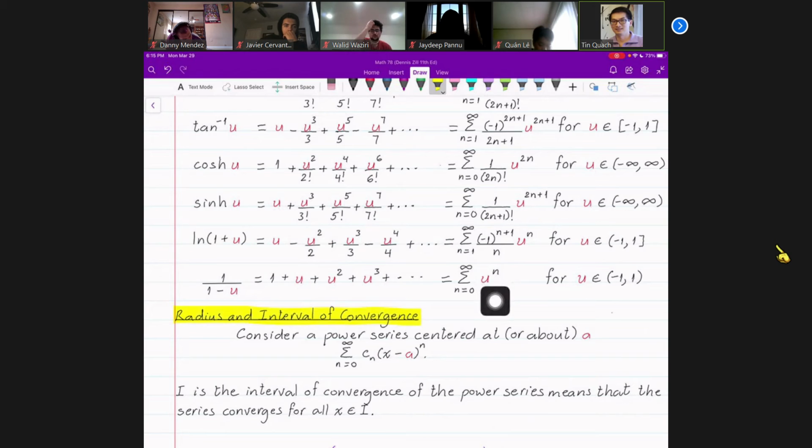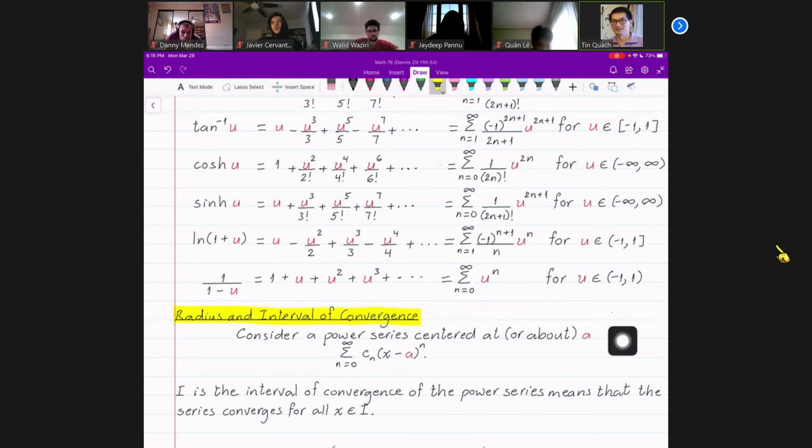Some do, some don't. So if you know a series is convergent over this interval, that means for any u inside -1 and 1, you can always come up with a sum for this series. That means you can add infinitely many terms and you still get a finite value for that sum. That's what it means by a convergent series.